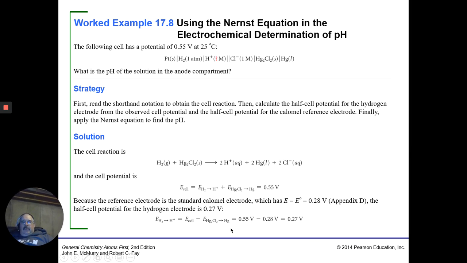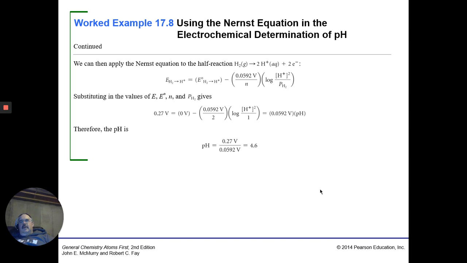And so the overall cell potential is 0.55. So if we take the difference, that is the cell potential in the hydrogen compartment, 0.27.